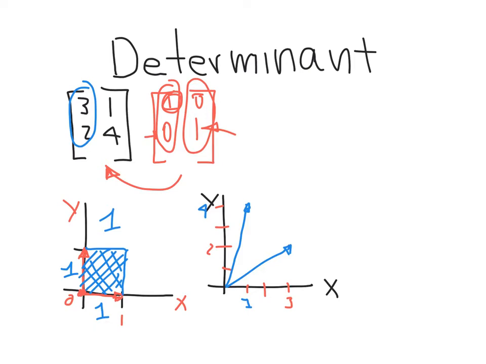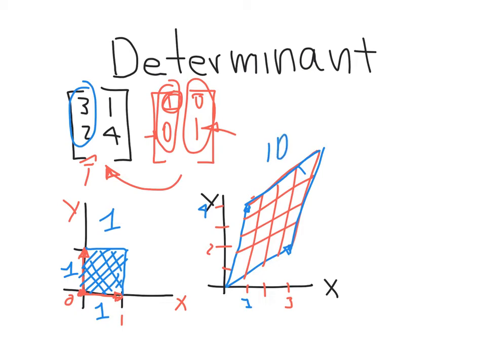And if we do the same with our new matrix, so if we close this figure too, we should have some area in here, and of course this area is larger than 1. For this case, I know that the area of this shape is 10 square units, and this is the determinant of this matrix.